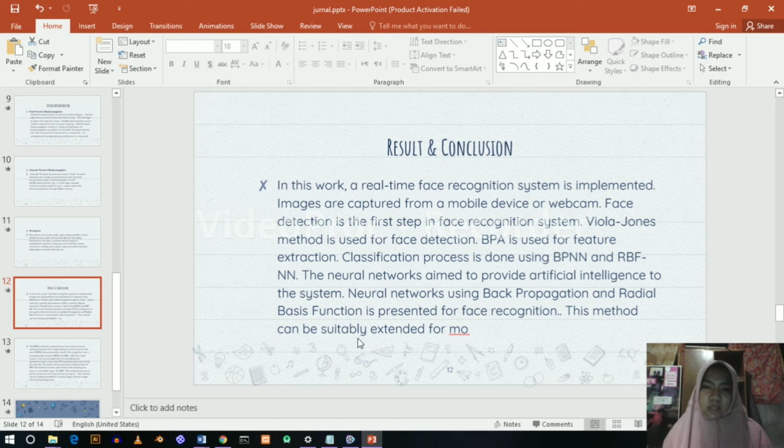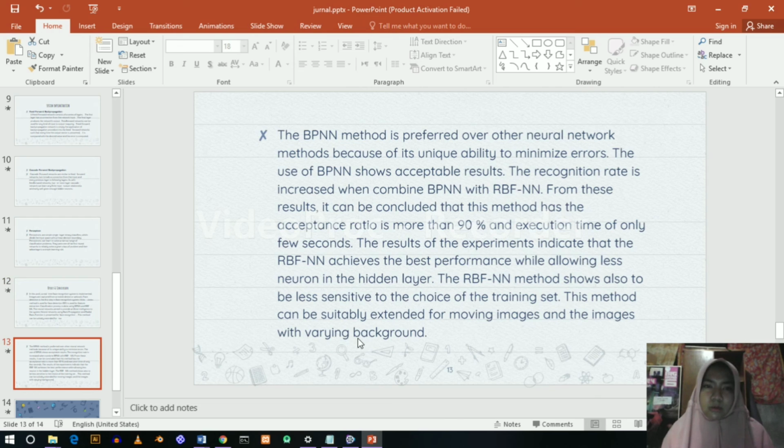The classification process is done using BPNN and RBFNN. The neural networks aim to provide artificial intelligence to the system. Neural networks using backpropagation and radial basis function are presented for face recognition. This method can be suitably extended for moving images.